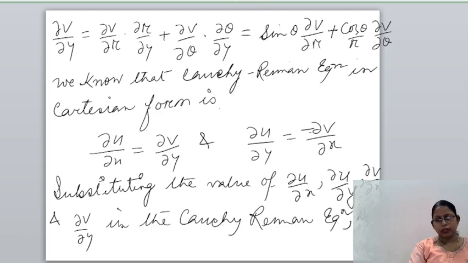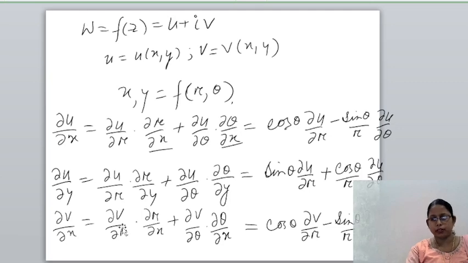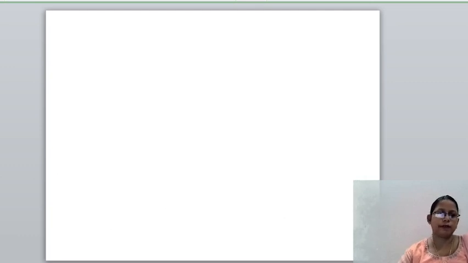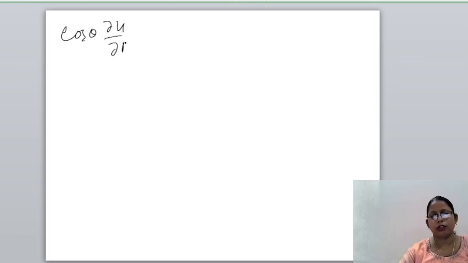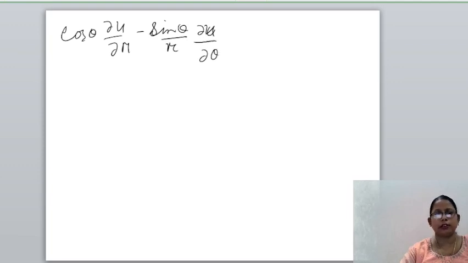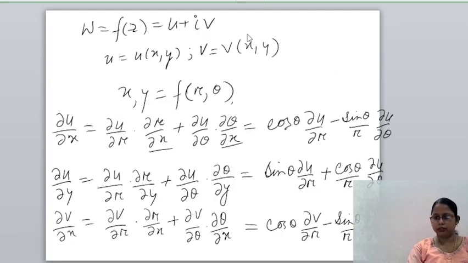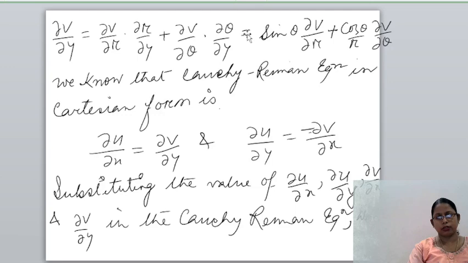what we get? Del u by del x is cos theta del u del r minus sin theta by r del u del theta. Cos theta del u del r minus sin theta by r del u by del theta. Is it okay?